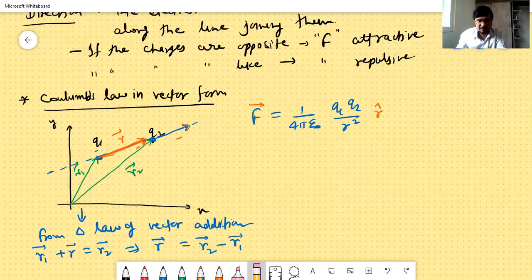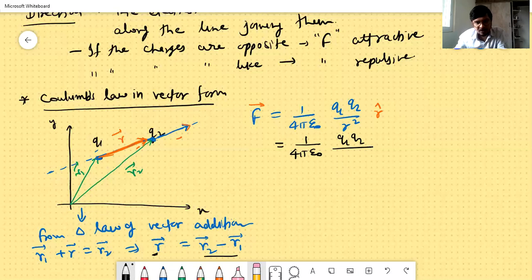Now have a look. We are going to do some vector algebra over here. What do we have? R square. Can we replace R square as magnitude of R2 minus R1 squared? And this R cap, can't it be written as R2 minus R1 upon magnitude of R2 minus R1?